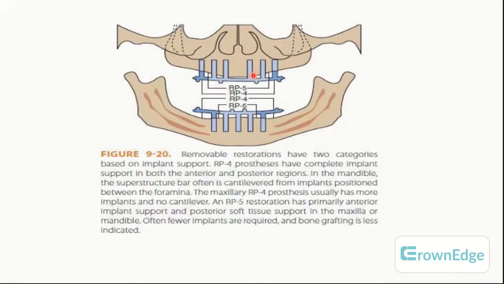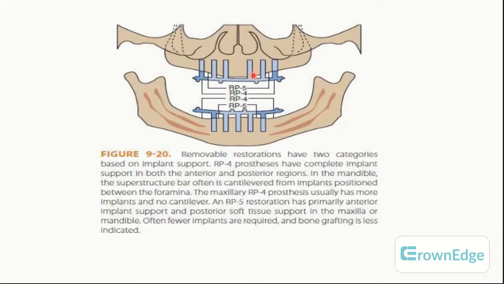RP4 has more number of implants in which the mucosa and the soft tissue do not act as support. Only the implants take up the majority of the bulk. But in RP5, it's shared between the mucosa and your implant systems, right? RP4 vertical dimension has to be large before you place the prosthesis, whereas for RP5 it does not matter. So keep this in mind whenever you're discussing the different types of implant prosthetic designs.